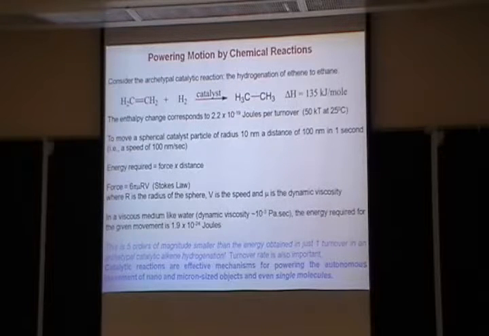So you have to keep kicking at it. But the point here is there's enough energy in just about every chemical reaction you can think of, which means you can take just about any chemical reaction and should be able to build motors based on that.